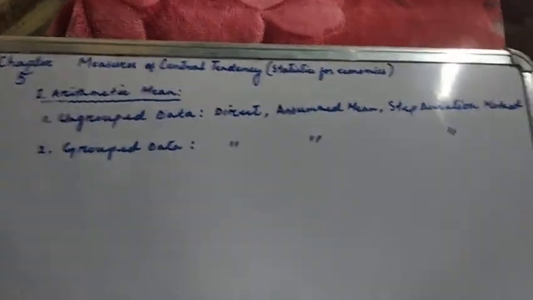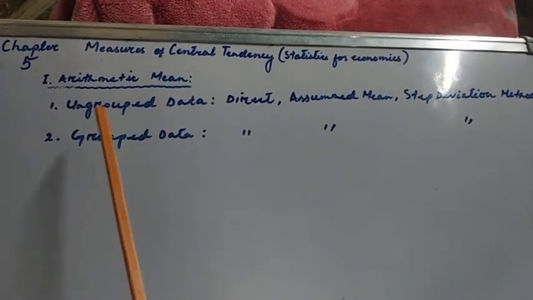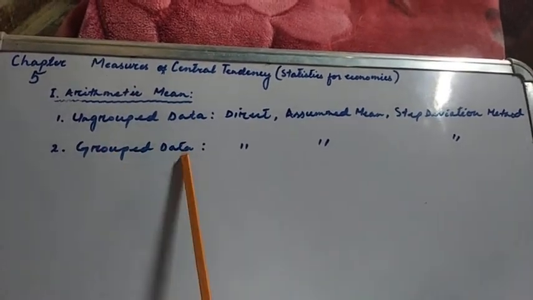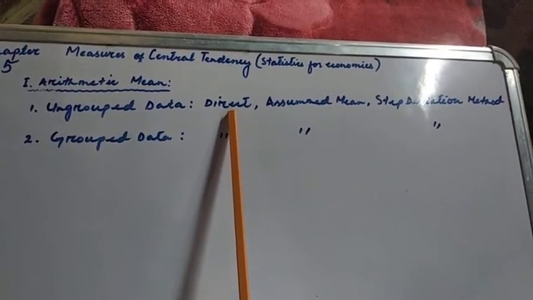As I have mentioned earlier, under arithmetic mean we have ungrouped data and grouped data. Under ungrouped data, we have the direct method, assumed mean method, and step deviation method.